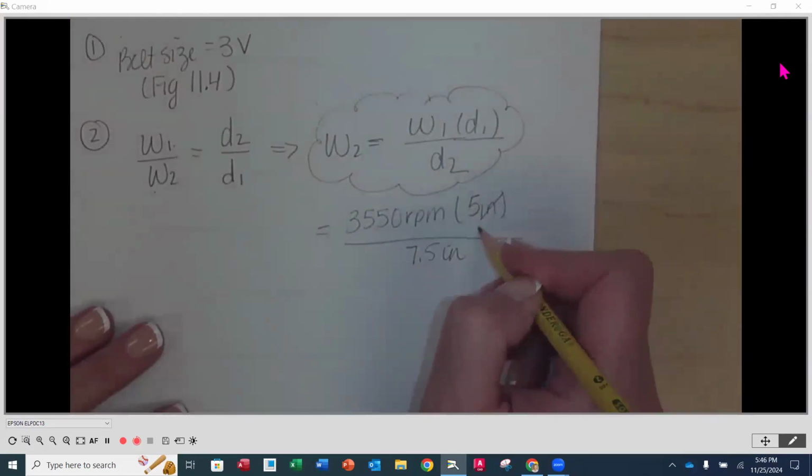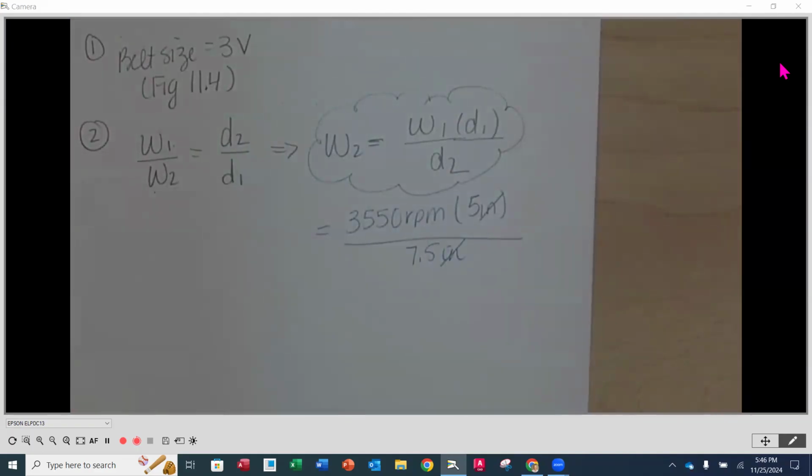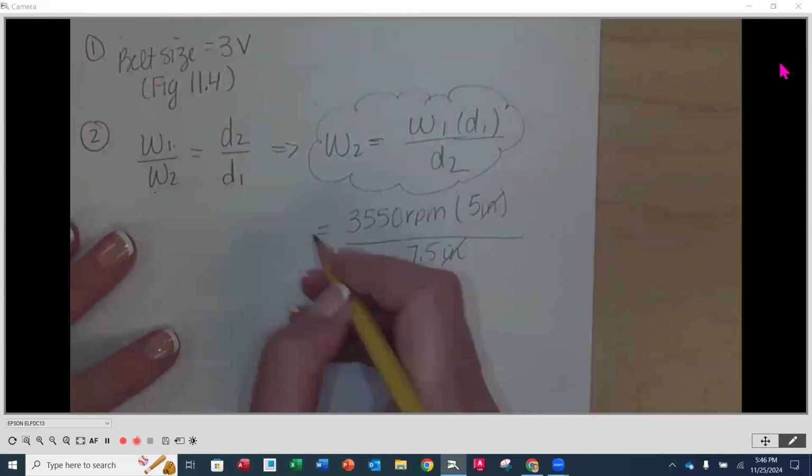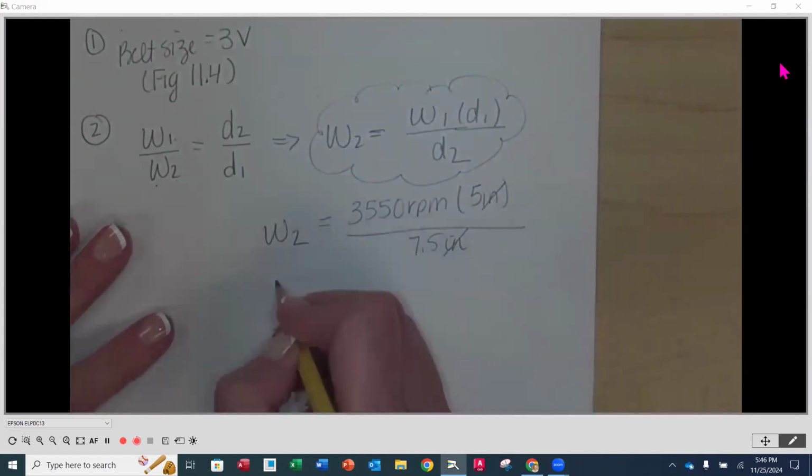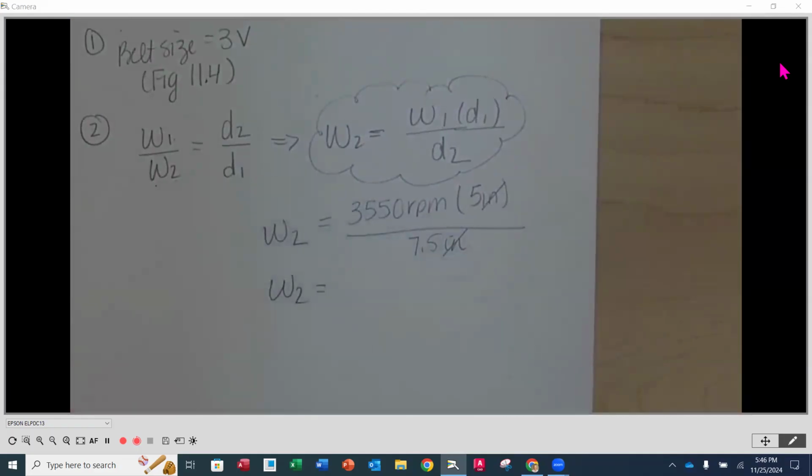And then you need to cancel out what cancels top to bottom, and look at what didn't cancel. I have RPMs here. Are RPMs appropriate for an angular velocity? Yes. So that means I probably have this set up correctly. So if I take 3550 times 5 divided by 7.5, Josh, what did you get?